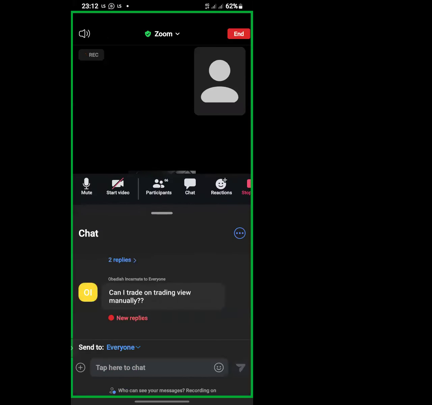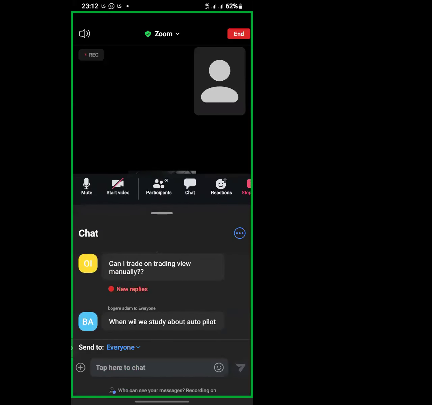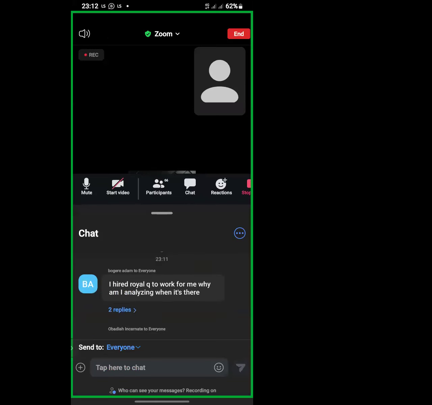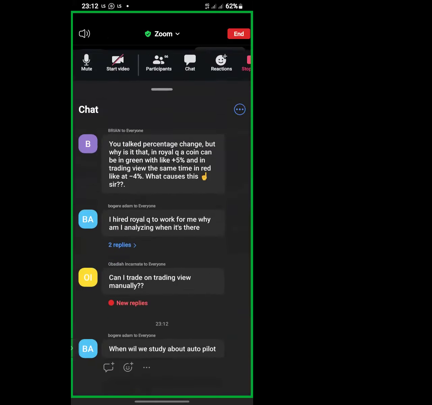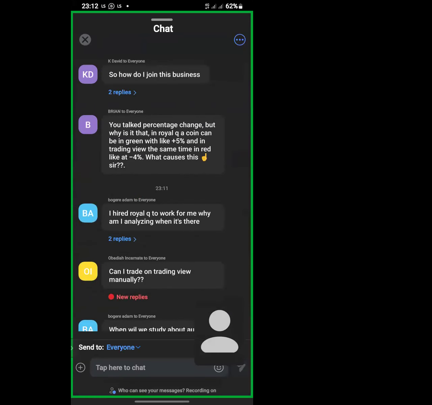Someone asked a question, why is the percentage change so different? Like I said, we've got different communities. The people using HTX are not the people using Binance. So when you're using Binance on RoyalQ, the percentage you have on RoyalQ is for Binance.